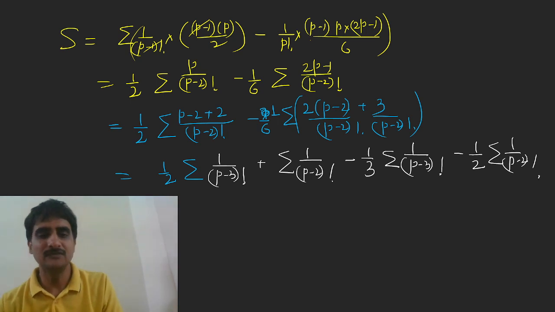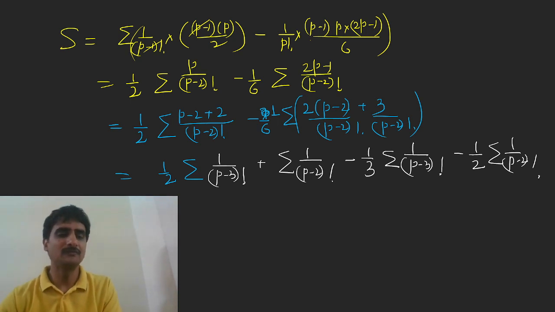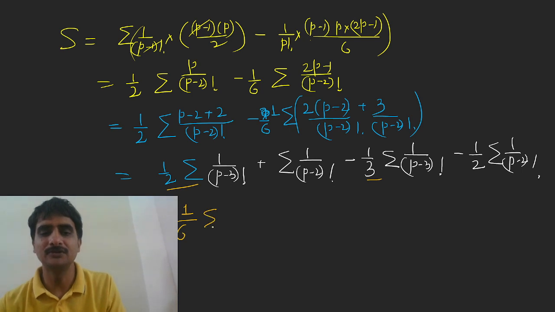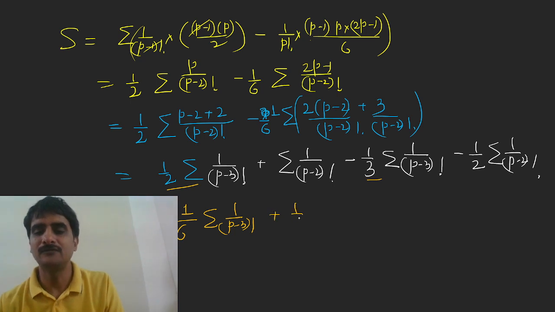Now, in which direction are we going? We are going in the direction of the exponential series. So let's simplify this and this together. What do we get? I think we get 1 by 6 summation 1 over p minus 3 factorial plus half times summation 1 over p minus 2 factorial.